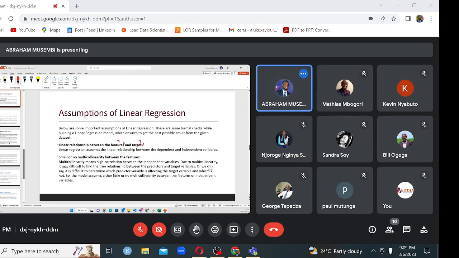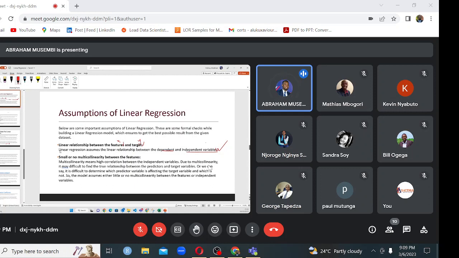So there must exist a linear relationship between the dependent variable and independent variables. In fact, it can be dependent variable and independent variable for simple linear regression, or dependent and independent variables for multiple linear regression.